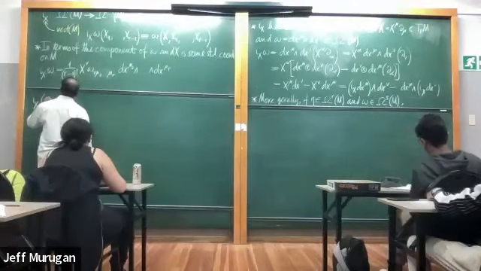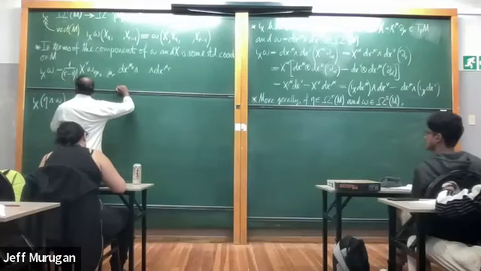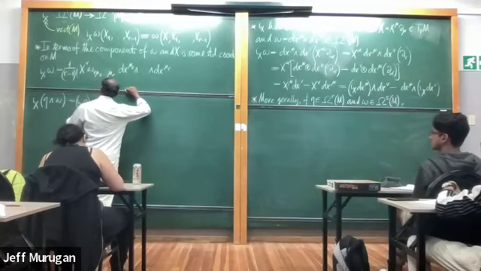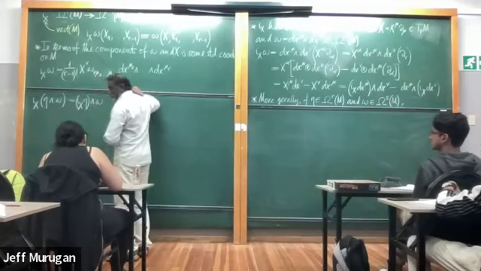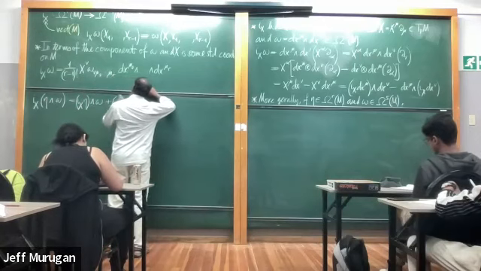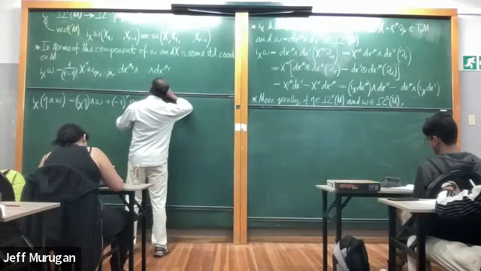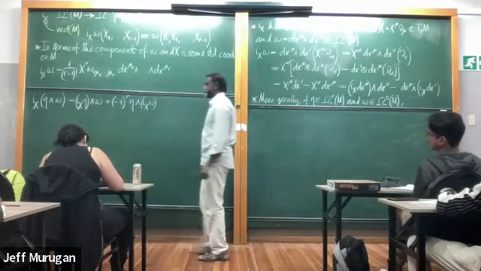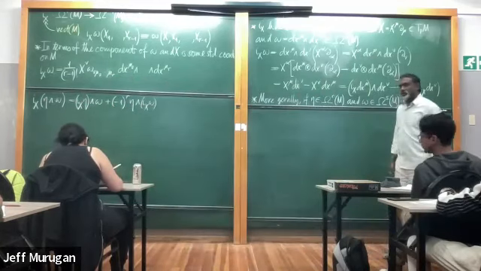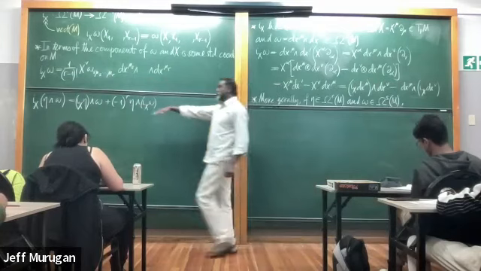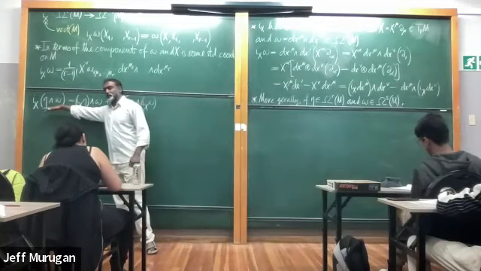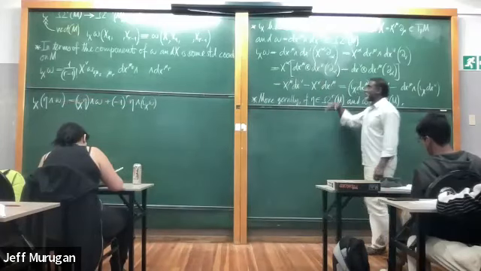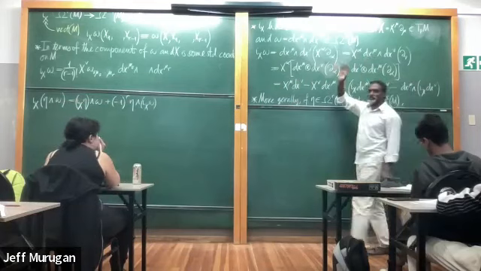Ix on eta wedge omega is Ix on eta wedge omega plus minus 1 to the R eta wedge Ix omega. So in this sense, Ix is an antiderivation in the same way that d is. It's a bit of a pain to show because it's combinatorics, but I have faith in you.